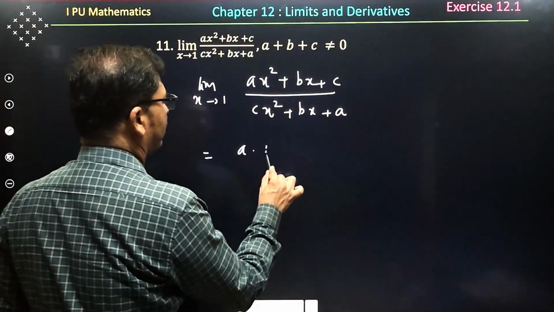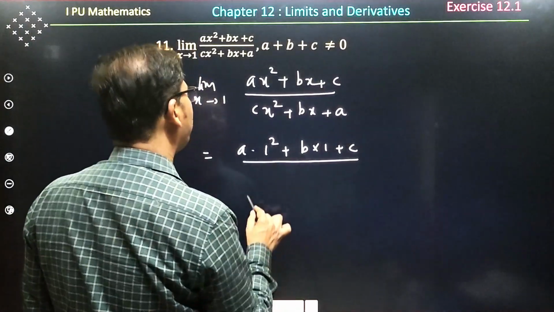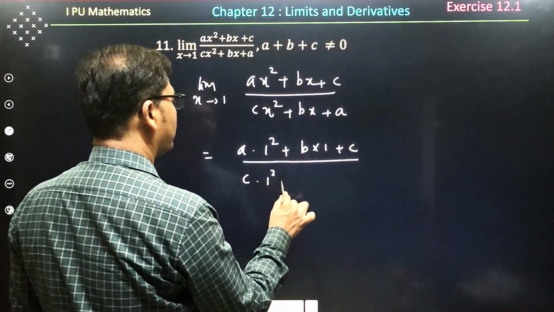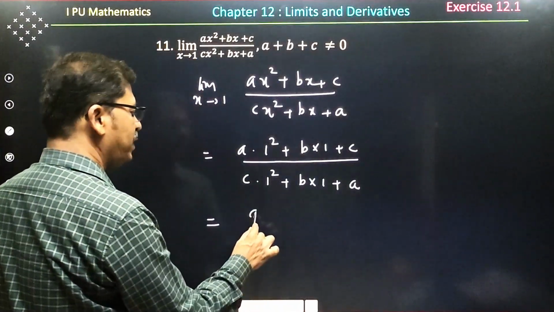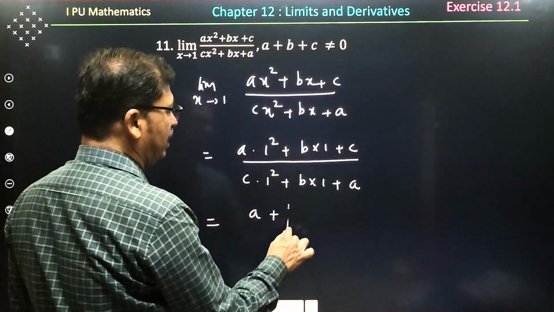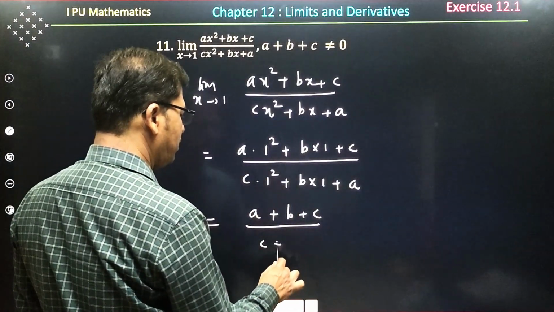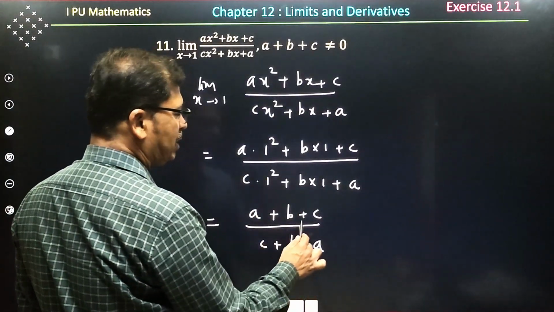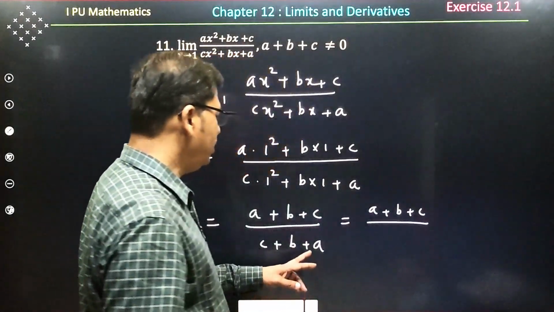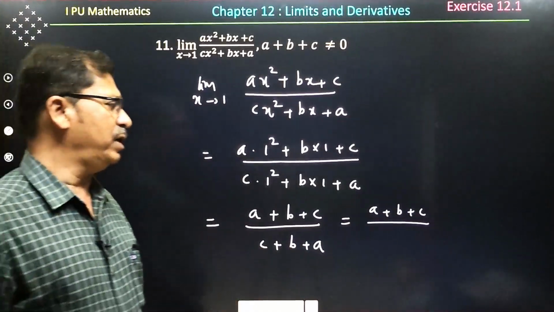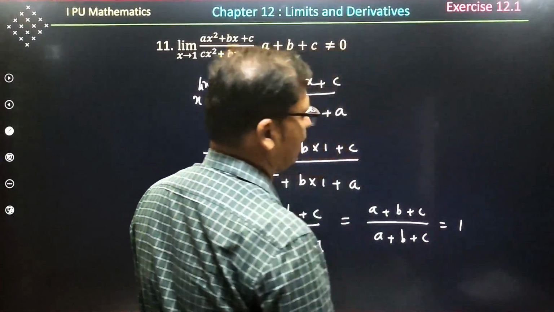A into 1 square plus b into 1 plus c, divided by c into 1 square plus b into 1 plus a. A into 1 square is a only, b into 1 is b, plus c, divided by c into 1 square is c only, plus b plus a. See, a plus b plus c is the numerator, and the denominator is also a plus b plus c. You observe carefully. So it will cancel and the answer is 1.